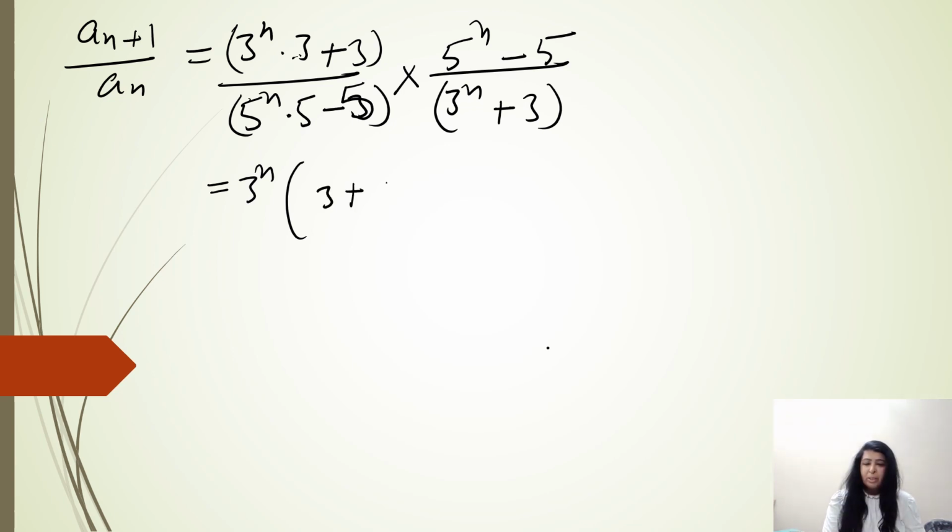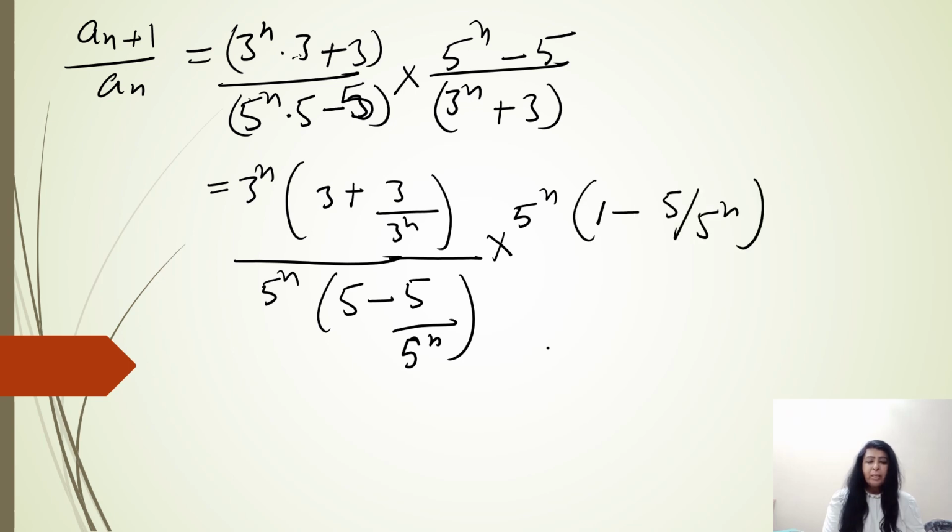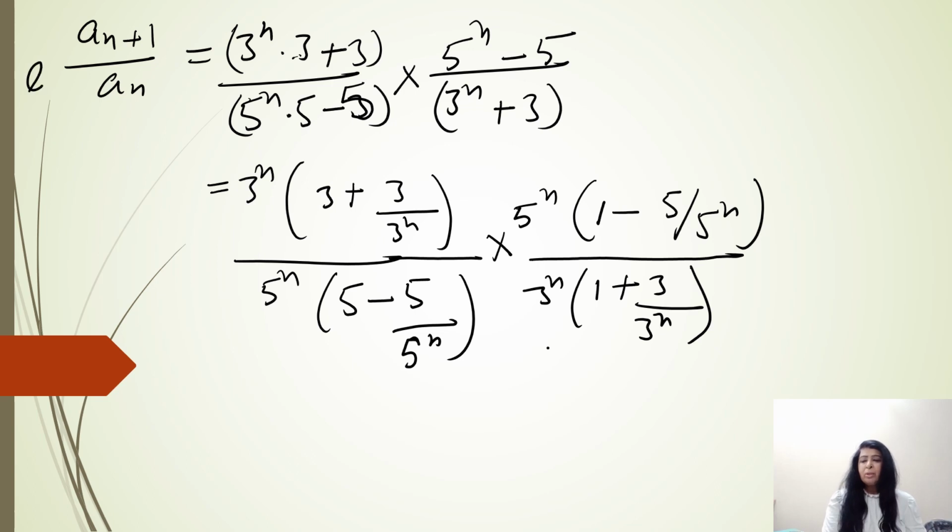So 3 plus 3 by 3 raised to power n, divided by 5 raised to power n, 5 minus 5 by 5 raised to power n, into, again taking 5 raised to power n common, 1 minus 5 divided by 5 raised to power n, divided by 3 raised to power n common, 1 plus 3 divided by 3 raised to power n, and here our limit n approaches to infinity.